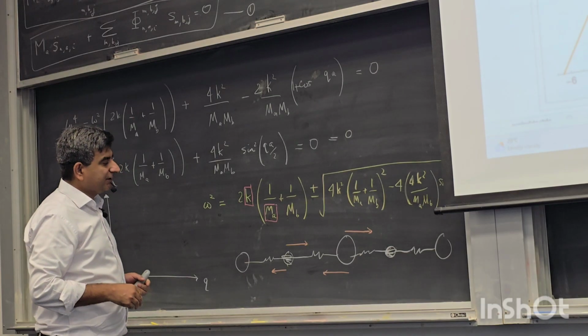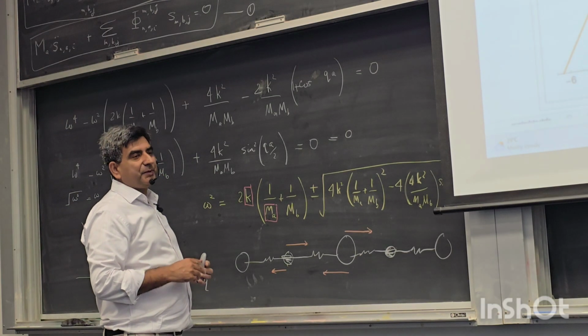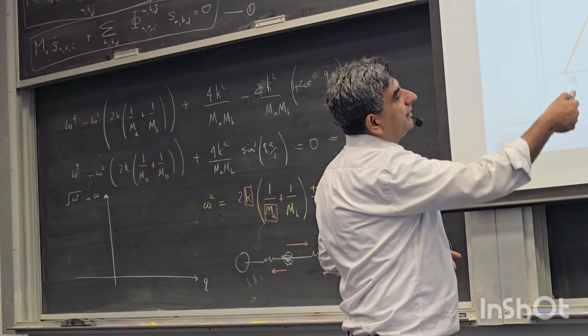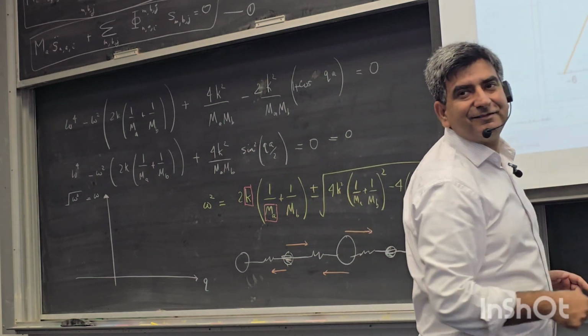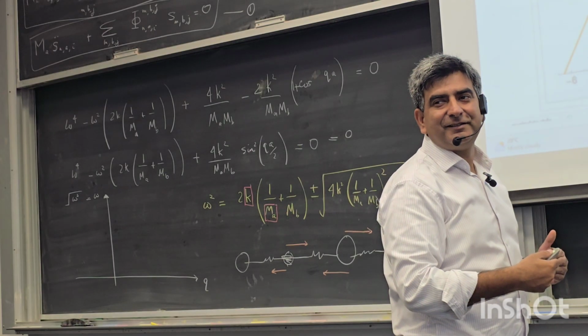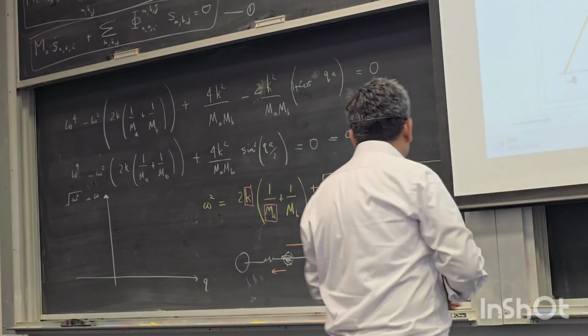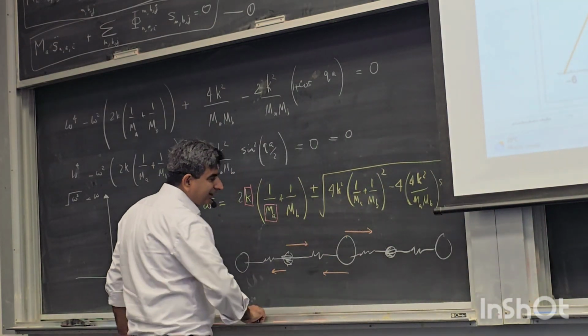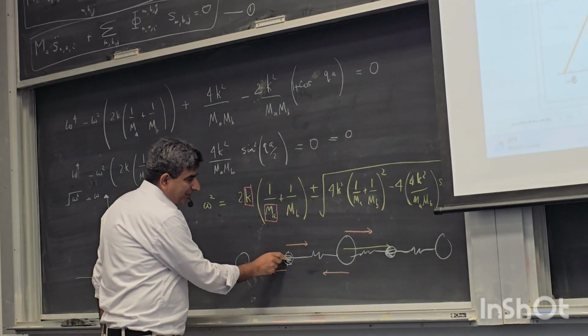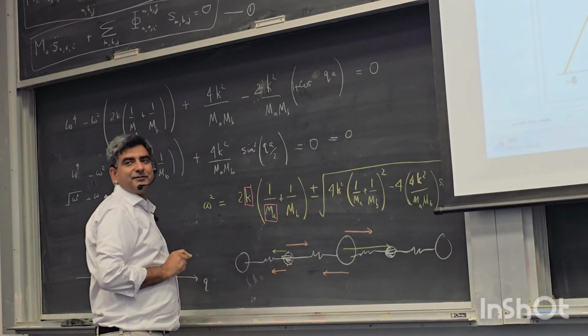In the optical oscillation, if you put this value of omega into that equation and look at the ratio of UA and UB, the ratio will be negative. Which means that if this atom moves to the right, the neighboring atom moves to the left.